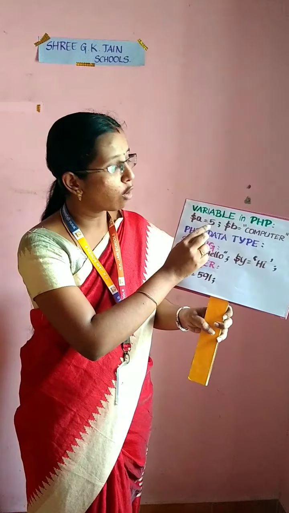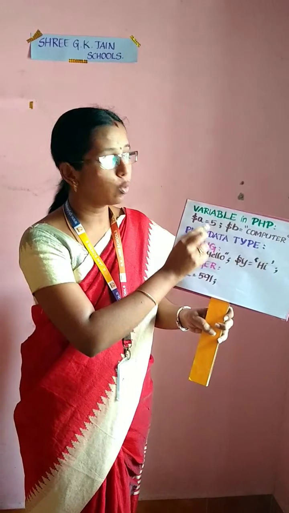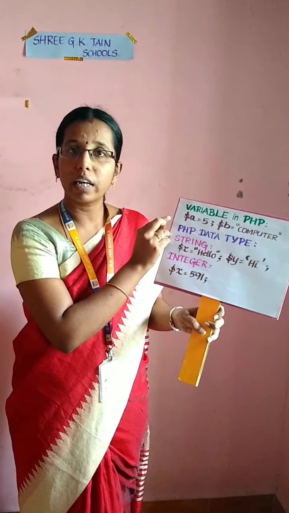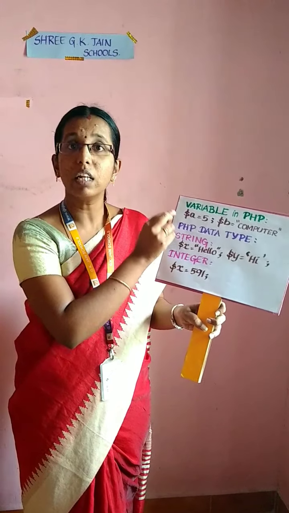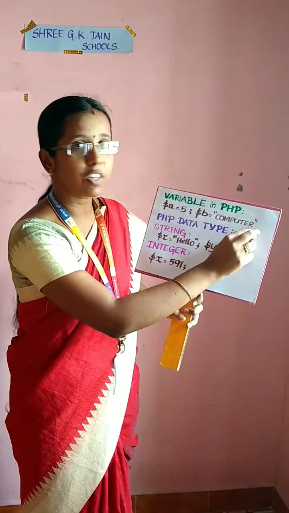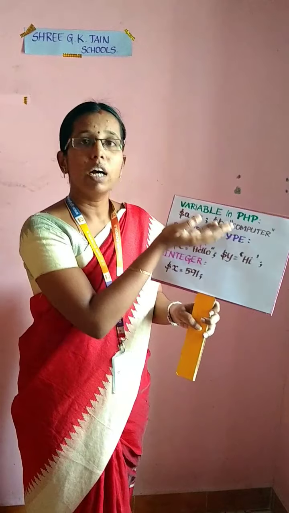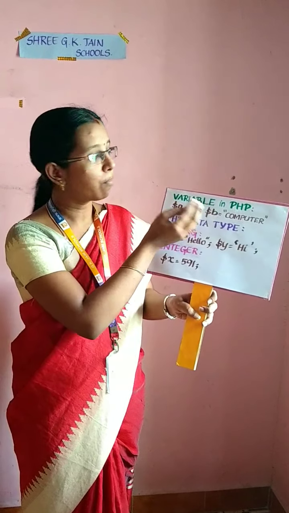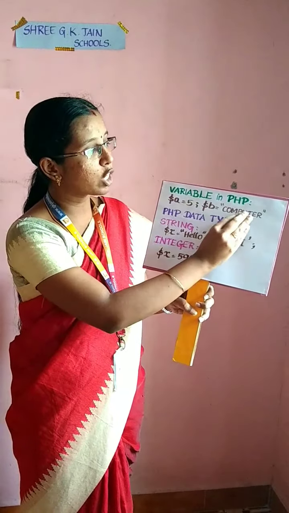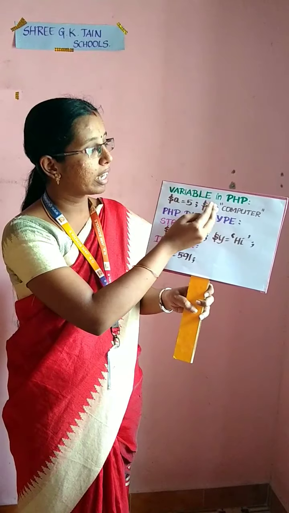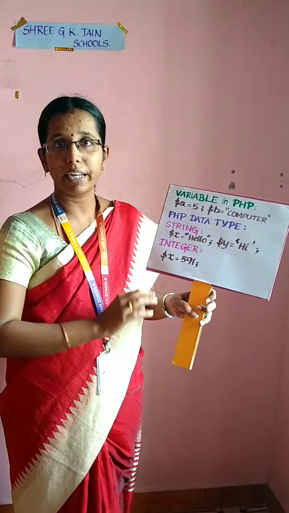For example, if you use 5, you have to indicate the variable is an integer. If you use a string, you have to indicate the variable as string. But in PHP, based on the values, it will determine the variable data types.